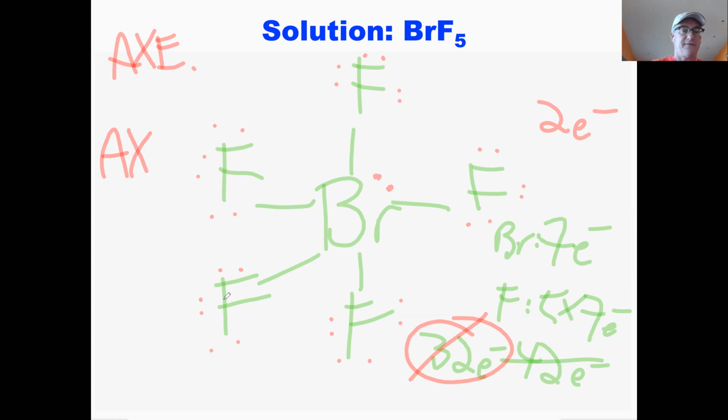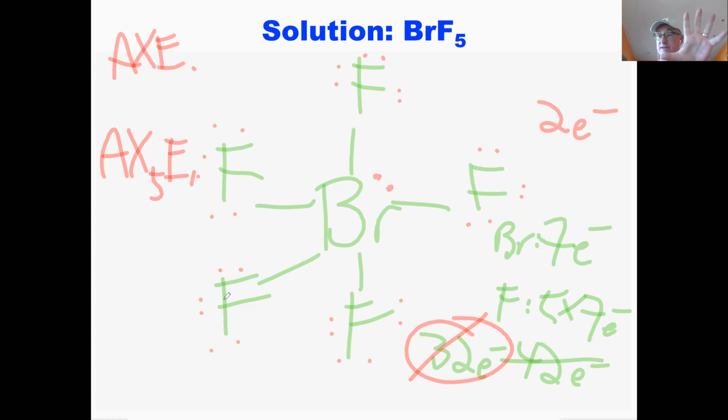So AX5. And what about E? Does it have a lone pair of electrons? Just the one. So it's AX5E, or AX5E1. Either one will do.